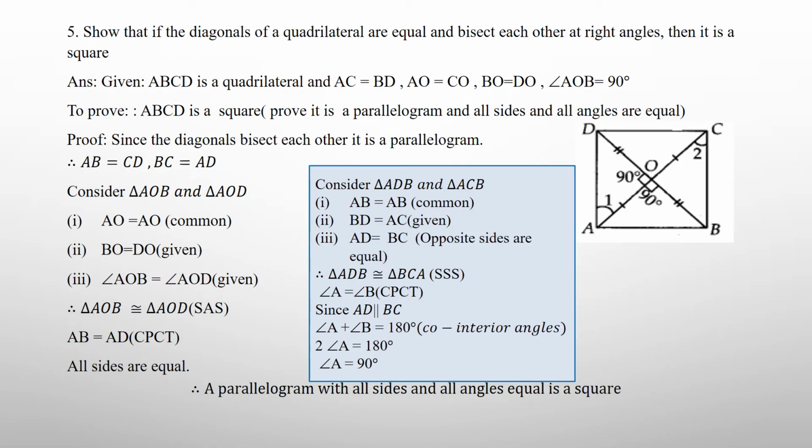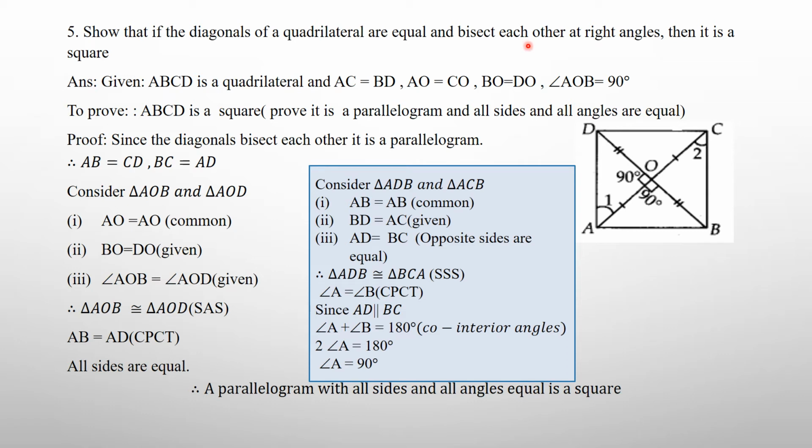Question number 5. Show that if the diagonals of a quadrilateral are equal and bisect each other at right angles, then it is a square. Here we are given ABCD is a quadrilateral, and certain conditions like the diagonals of the quadrilateral are equal. That means AC is equal to BD.